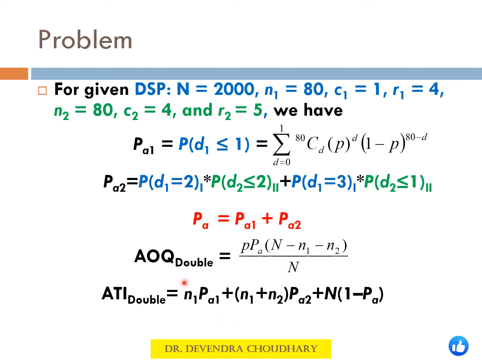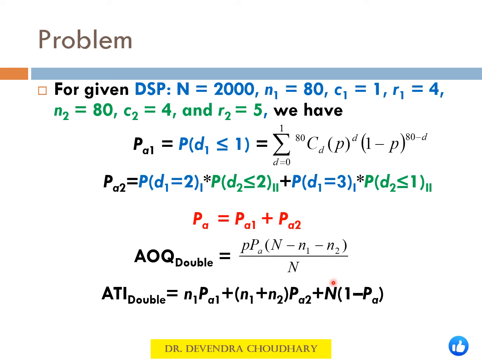So this is the total inspection items inspected if it is accepted after first sample, and these are the total number of items to be inspected if it is accepted after second sample, and 1 minus PA is the probability of rejecting the lot.